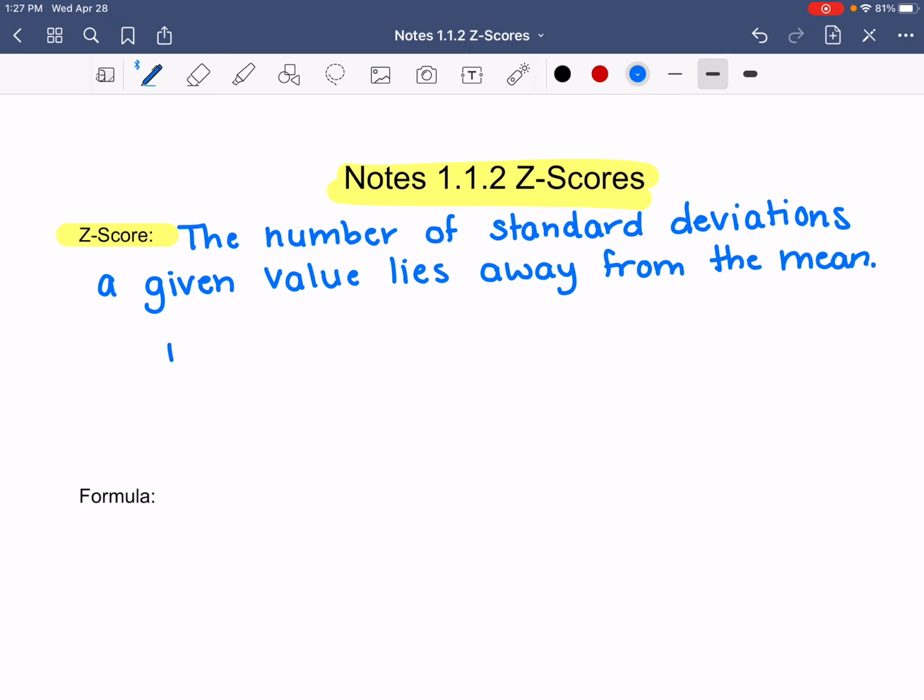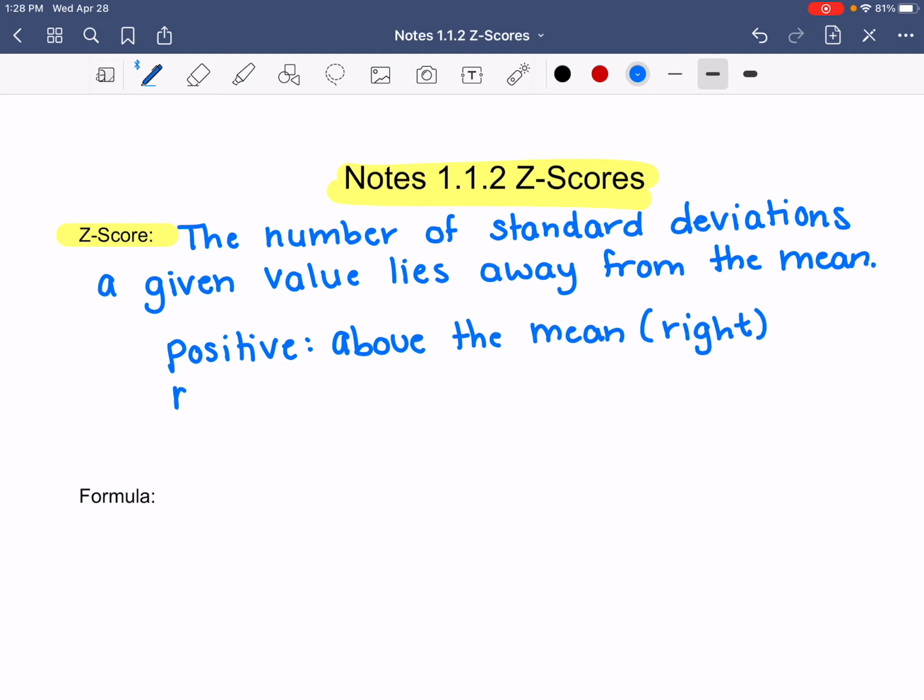If you get a positive number, that just means that your value is above the mean. It means it's going to be on the right. If you calculate your z-score and you get a negative number, that just means that the value is below the mean and it's going to be on the left.